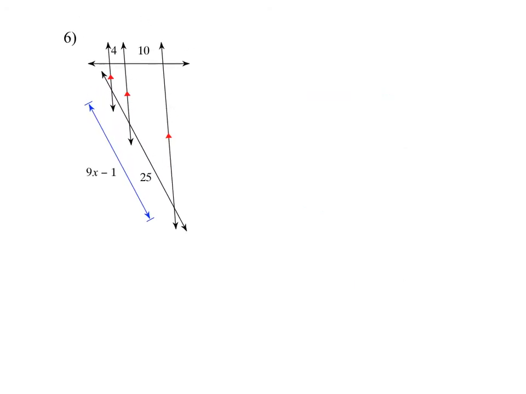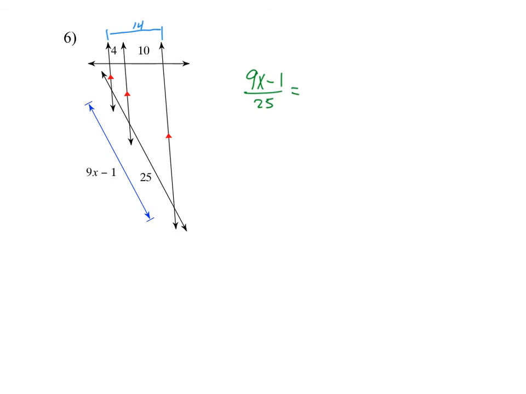Again, this whole segment over here equals 14. So 9x minus 1 is to 25 as 10 is to 14. No, the other way around. Let me change this right here.